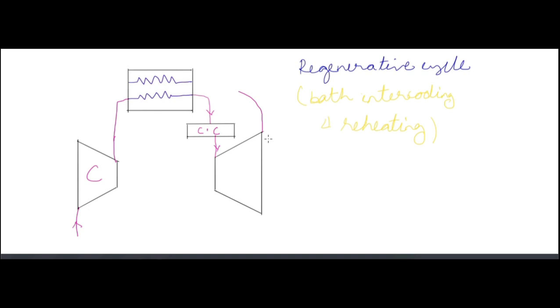From the turbine, this again goes to the regenerator where it rejects heat, and the same heat that it rejects gets absorbed by the air coming from the compressor. So this is the 5 that has been discussed in the previous formula, and this is 6.